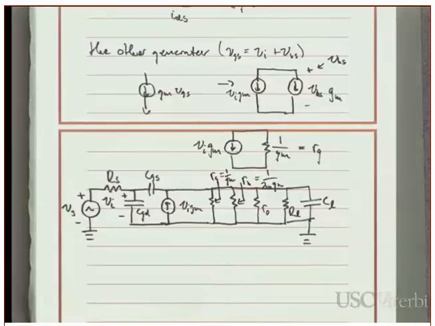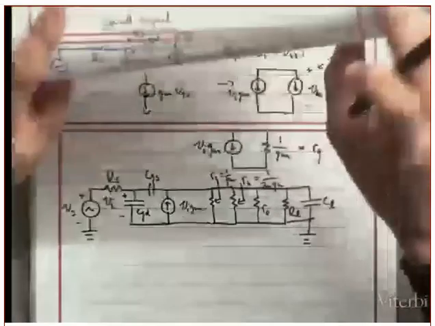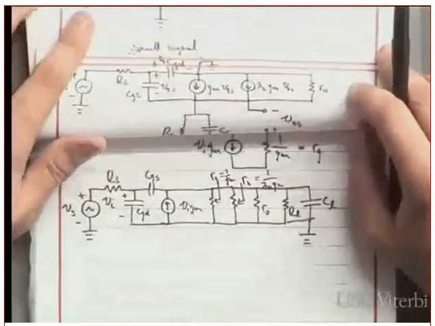And the reason why I wanted to show you all this is because this came directly from the small signal model. But in a lot of books, you'll just see a source follower circuit looks like this, and you're not really necessarily given explicitly how you got there. But it just came from this.